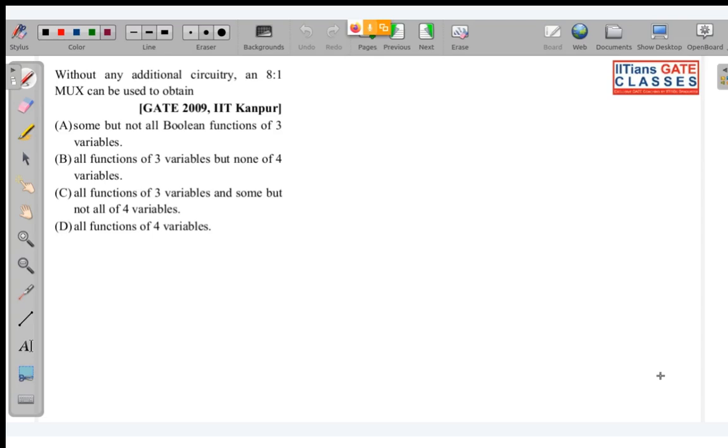Which option? So this is 8 cross 1. Okay, 8 is to 1 means 8 cross 1.